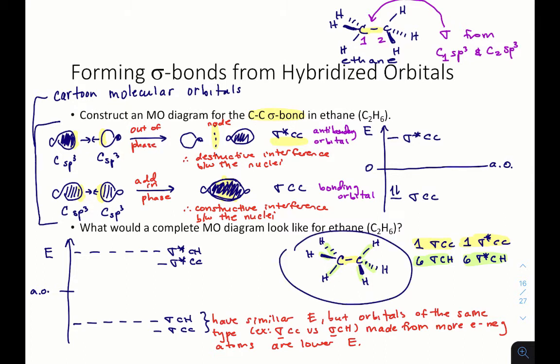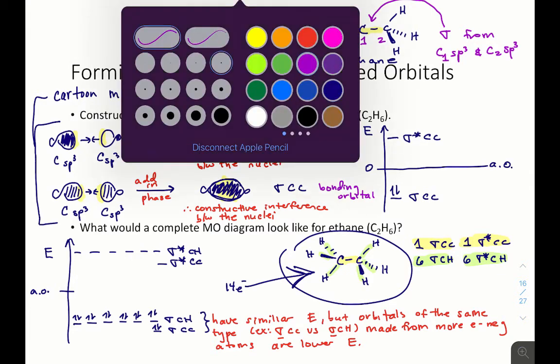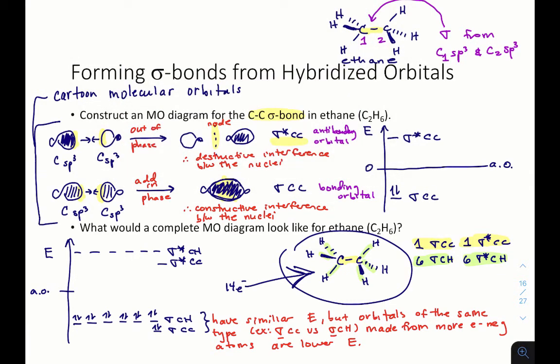Now, to fill in electrons, there are 14 electrons in ethane. So we need to fill those in the lowest energy orbitals. So 2, 4, 6, 8, 10, 12, 14. And then we stop and check. What should we check?